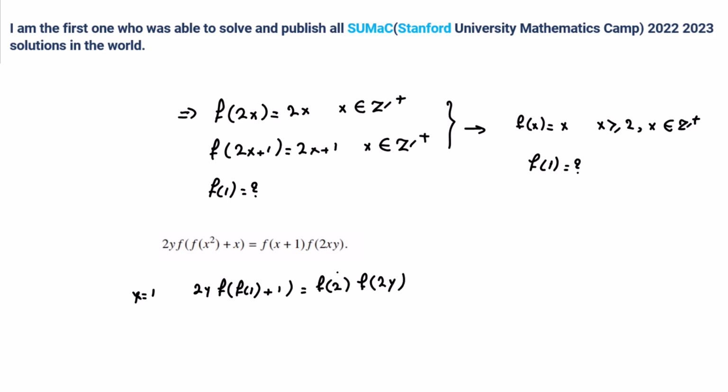And then I plug in y equals 1 also. Yes, so you can replace x and y with 1, okay? Then you can cancel this one with this one, and it is 2, right? Then what? Well, I don't know if this is correct, but you get f(f(1) plus 1) equals f(2).